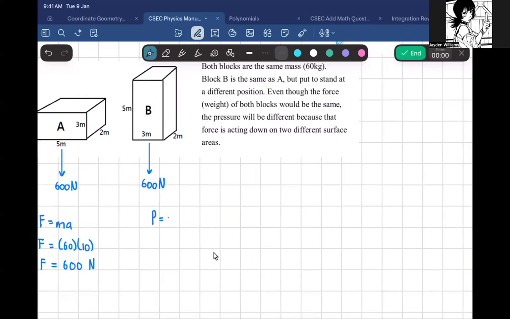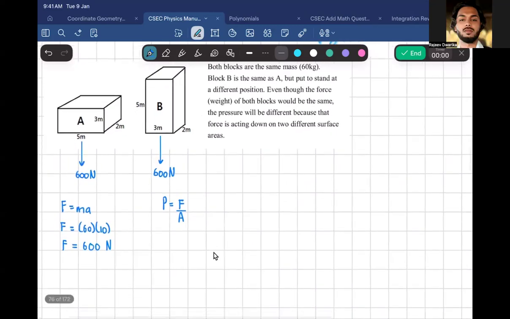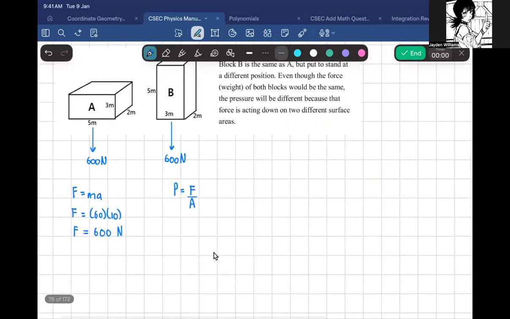The formula for pressure is F over A. Force over area. Okay. So Jadon, the force in both of these scenarios, is it the same? The force of both blocks. Yeah, it's the same, right?